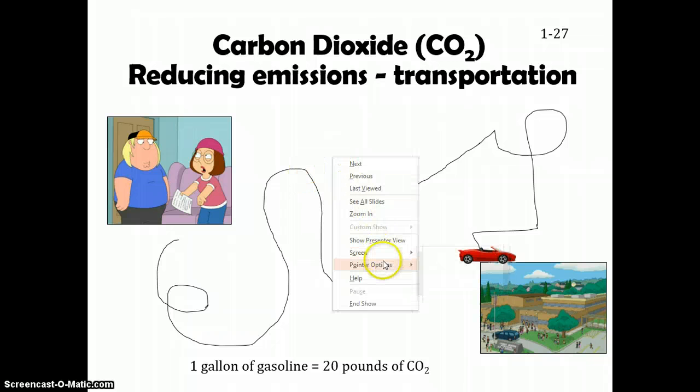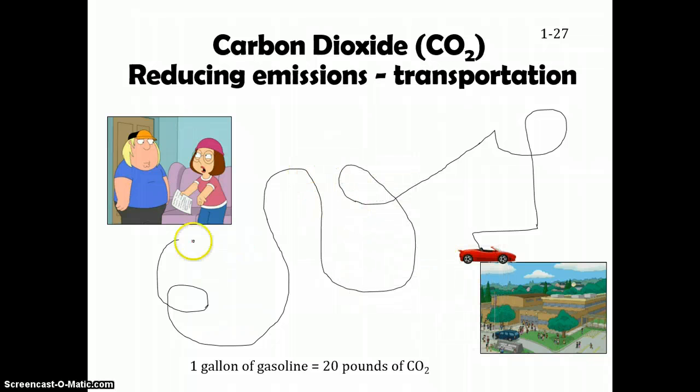So let's take an example. Let's say this entire route is 10 miles. And this car that they drove to school gets 10 miles per gallon.